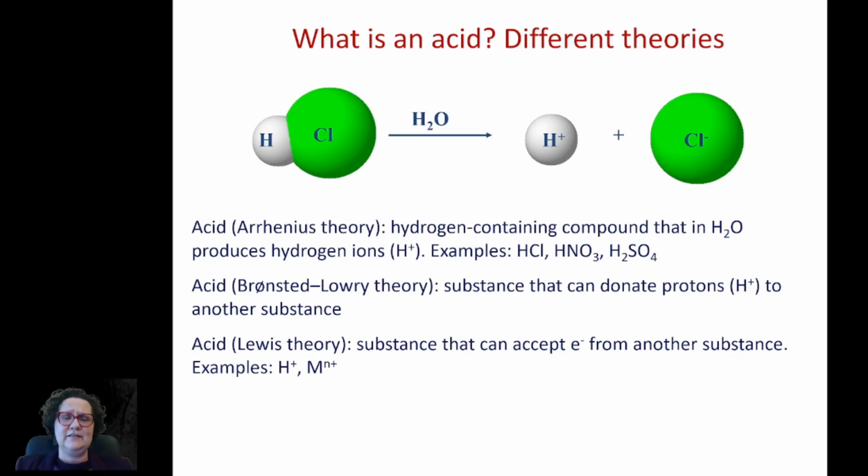So let's start with what an acid is. Well, according to Arrhenius, an acid is a hydrogen-containing compound, so a compound that has hydrogen, that when you dissolve it in water, produces the hydrogen ion, the ion H+. And what are examples of acids? Well, any compound you can think of that has the word acid in its name.